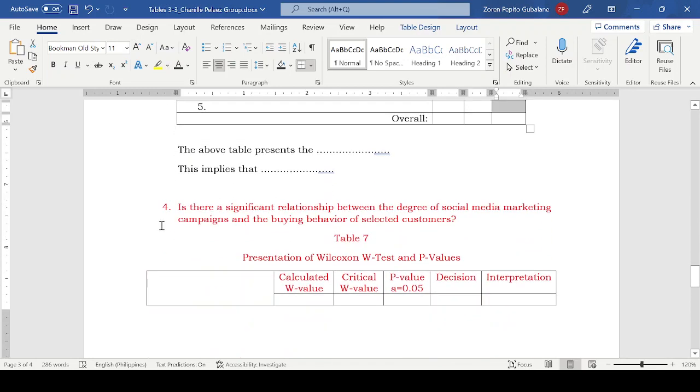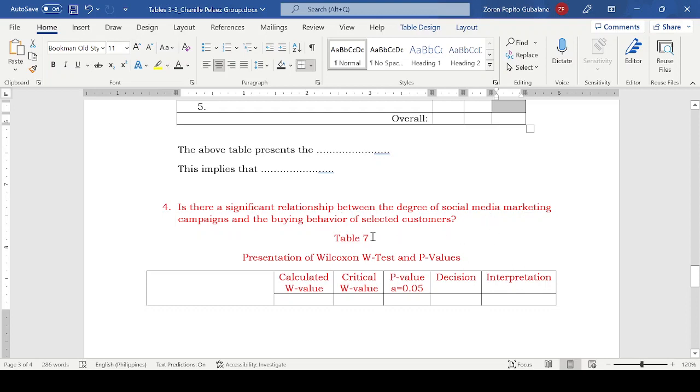All right. Now, another statement that you might have in your problem statement is a statement leading towards the creation of your hypothesis. For example, is there a significant relationship between social media marketing campaigns and the buying behavior of selected customers?